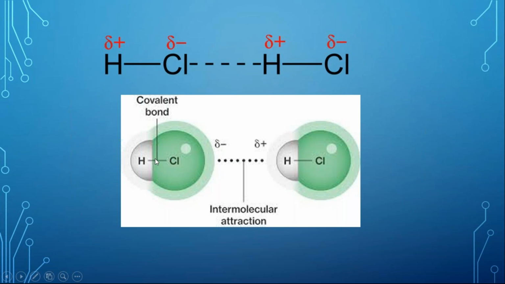So this HCl molecule and that molecule will have some interaction through this intermolecular attraction. You can see here the chlorine, which has a partial negative charge, and the hydrogen of another molecule, which has a partial positive charge. These two will attract each other.